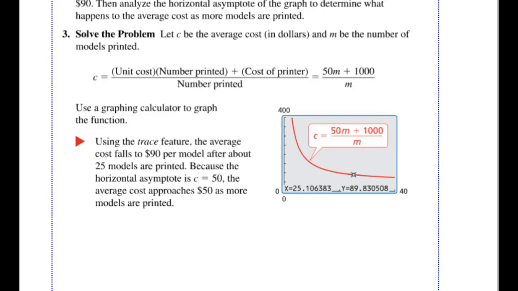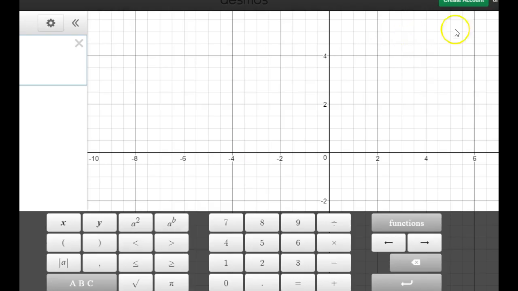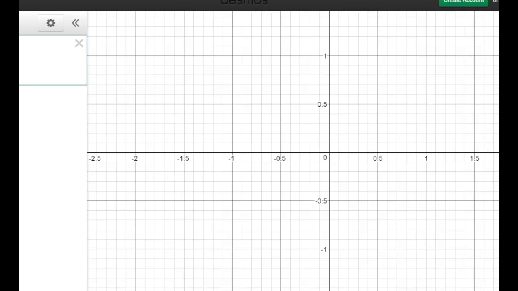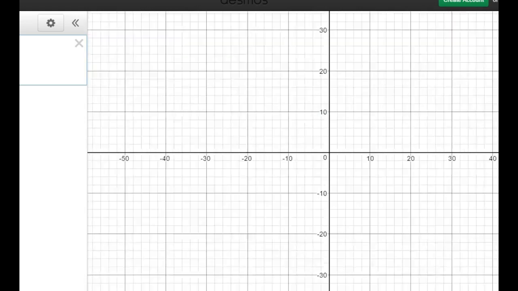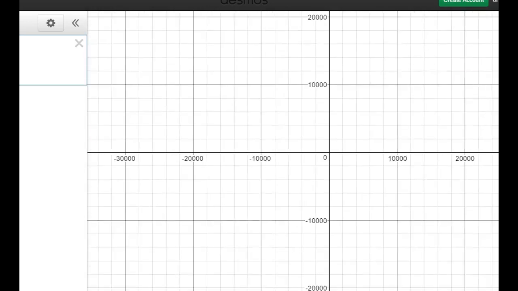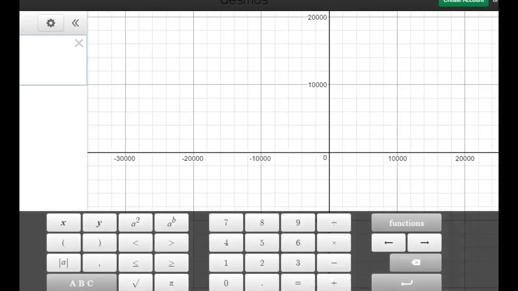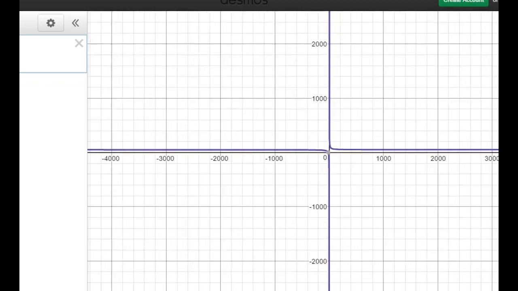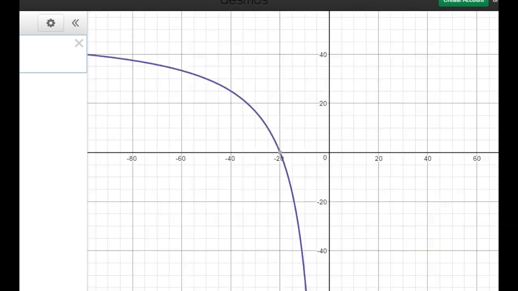Let me just double check that that was my equation. Yep. So you see, I can't see it currently. Oh, going the wrong way. But once I zoom out, I should be able to see my graph. There we go. I zoomed way too far out.